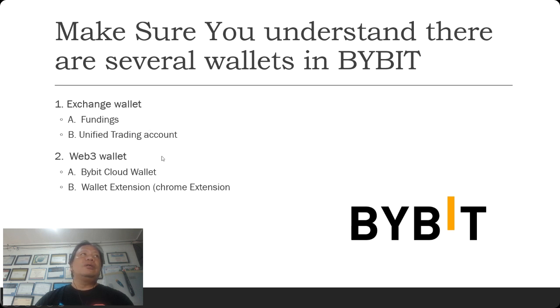There's also a Web3 wallet, which has two different addresses that can accept your Ton and BCH deposits as well. You have a Bybit Cloud wallet, which is different from your exchange and your wallet extension, which resides on your computer. And this has a different Ton address and a different BCH address.